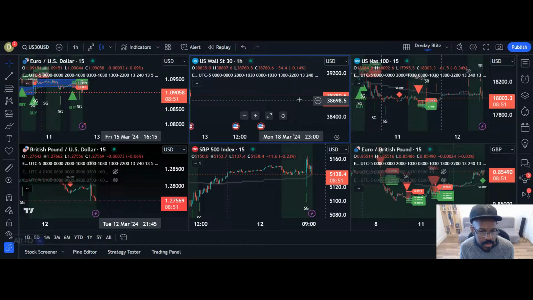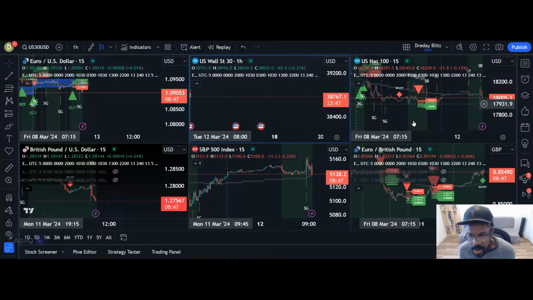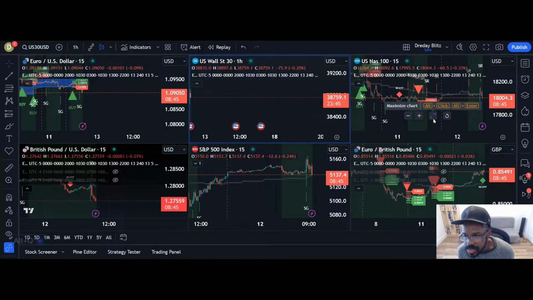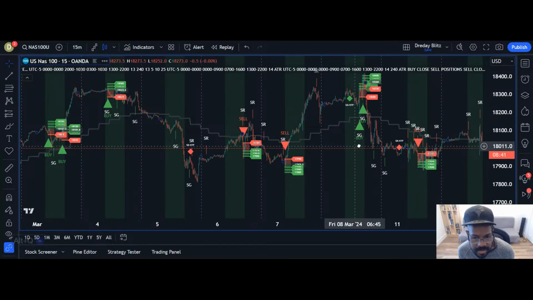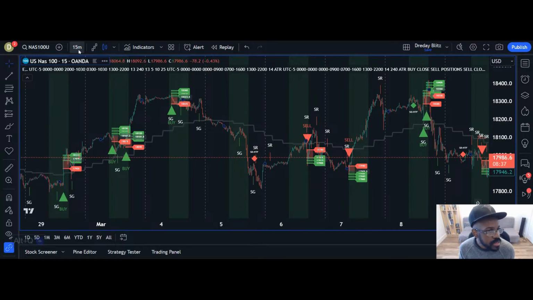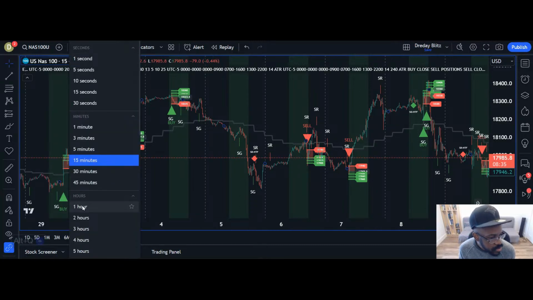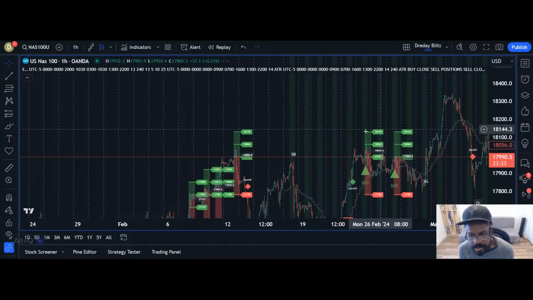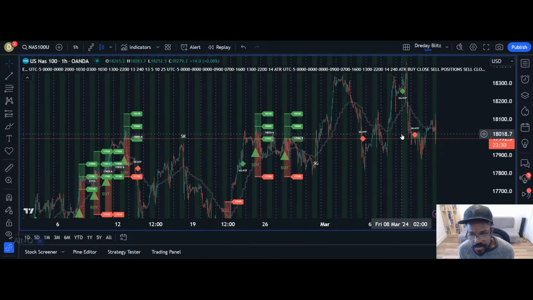I coded my customized Renko that gives you the exact pinpoint time that the market is moving to the upside or the downside, and that way you know exactly where you need to trade the currency or indices that you're trading.